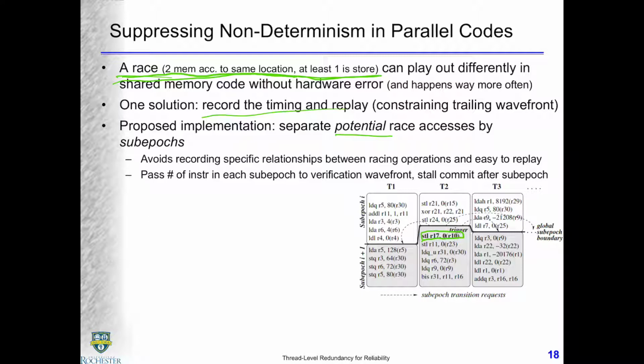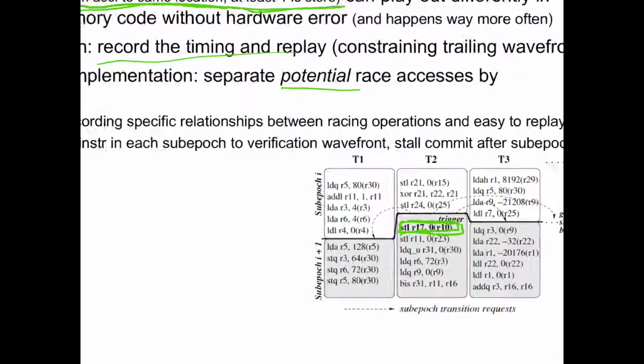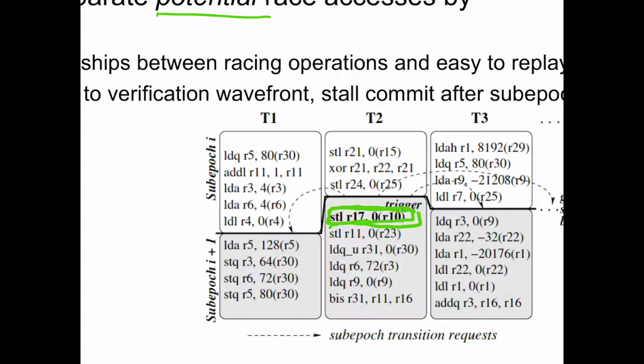We don't know if the race is so far apart that it's practically not possible to get a different outcome. For instance, at the moment I had to issue this instruction, it had to invalidate this guy, and we detected this. We say, oh, you know what? Some load instruction in this thread executed before my store, but that load instruction might belong to a much earlier epoch, so there's no way we can get out of order.